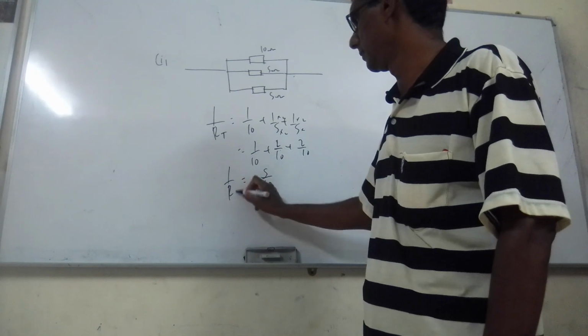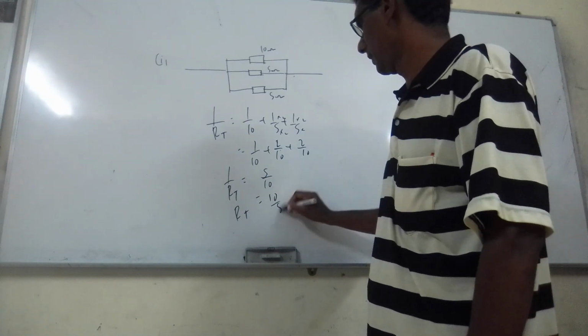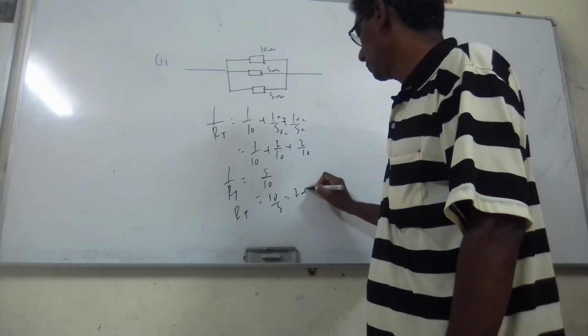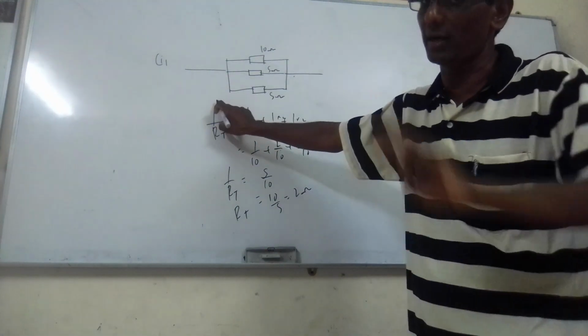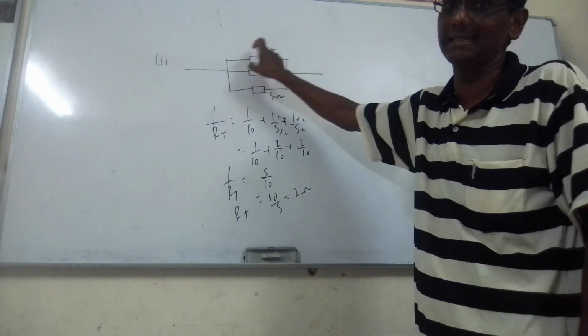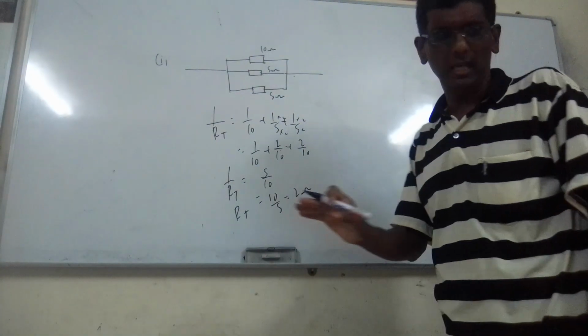So 1 over RT is 5 over 10; reverse it, RT is 10 over 5, which is 2 ohm. So the total resistance is less than 5 ohm. They want the circuit drawn and they want you to prove it. Okay, next question.